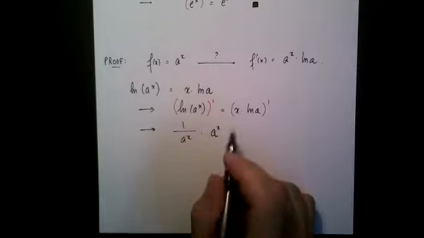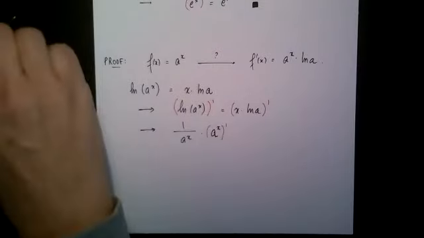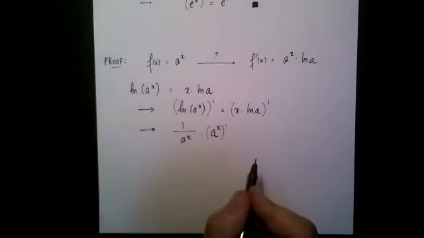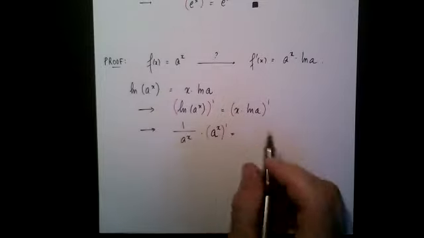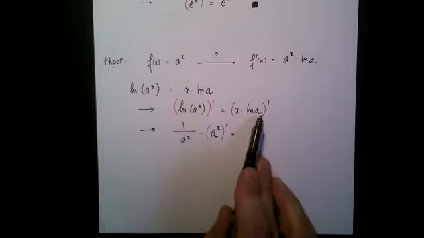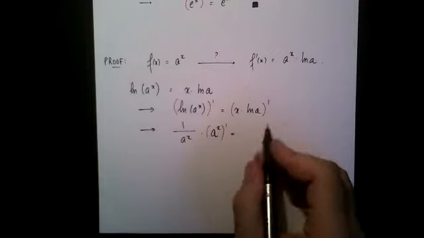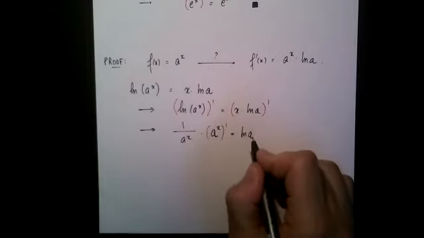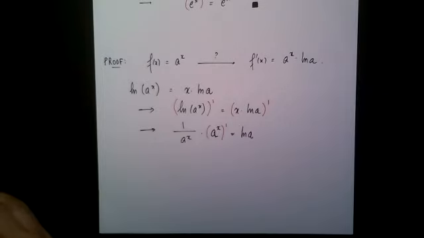A to the x prime. Don't say ax, because if you say ax, I understand a times x. So say a to the x, so I know that the x is in the exponent. And here, ln a is a constant again. It doesn't depend on x, so I treat it as a constant and pull it out of the derivative. So ln of a times the derivative of x, which is 1. Is this okay?